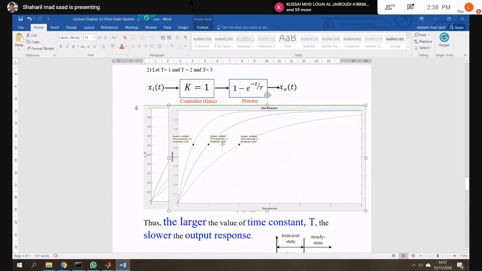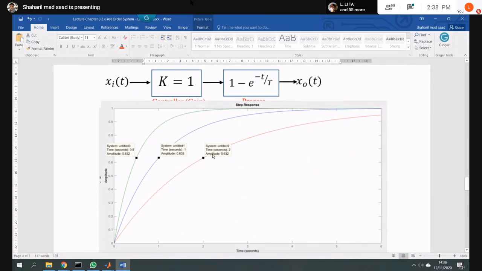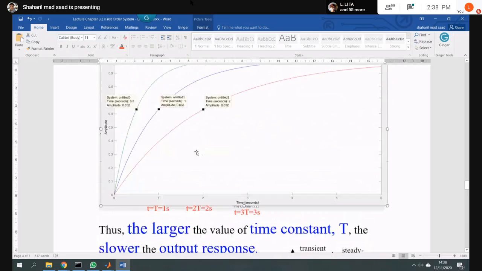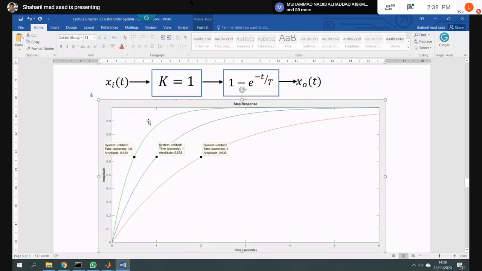So what can we see in this one? When you adjust the time constant, you will see the output trying to go to the desired value that we want to measure. I will show it here.